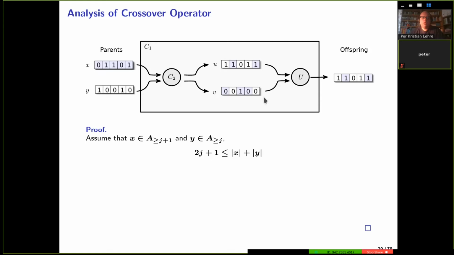If we add together the number of 1 bits in x and the number of 1 bits in y, by the definition of these levels, the number of 1 bits in these two bit strings must be at least 2 times j plus 1.